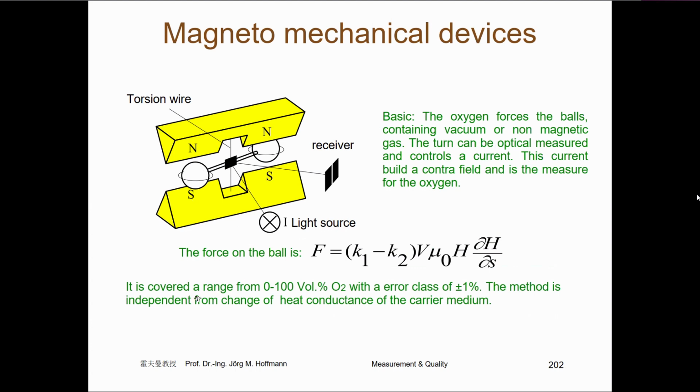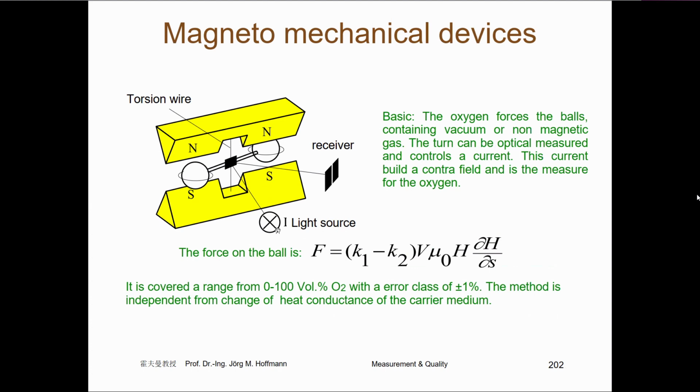So when you have oxygen here, it will be concentrated between the magnets and move this ball outside. On the other side, the same. You have a concentration of oxygen because of the magnets, and you move this ball outside.